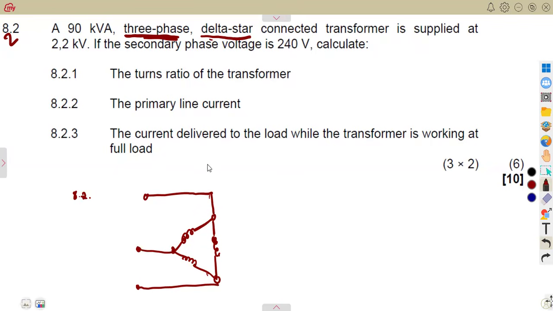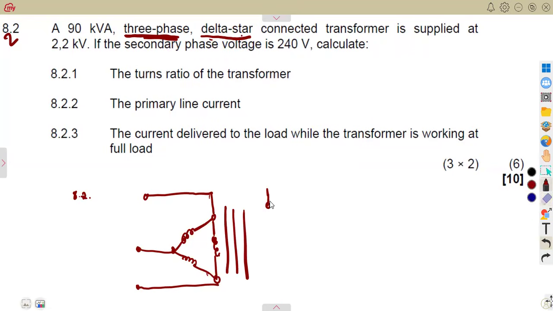So we are given our input in delta, and the output is being given as what? If you consider the output side, you're just going to have our coils here, then we consider our output, which is a star connection. So there you are considering a star connection.